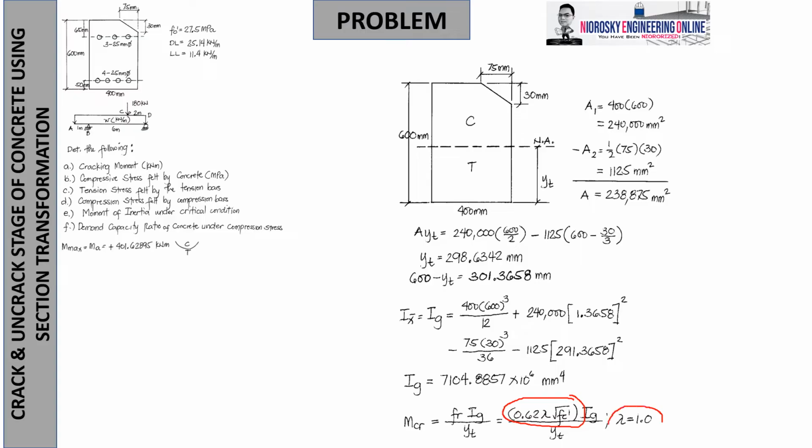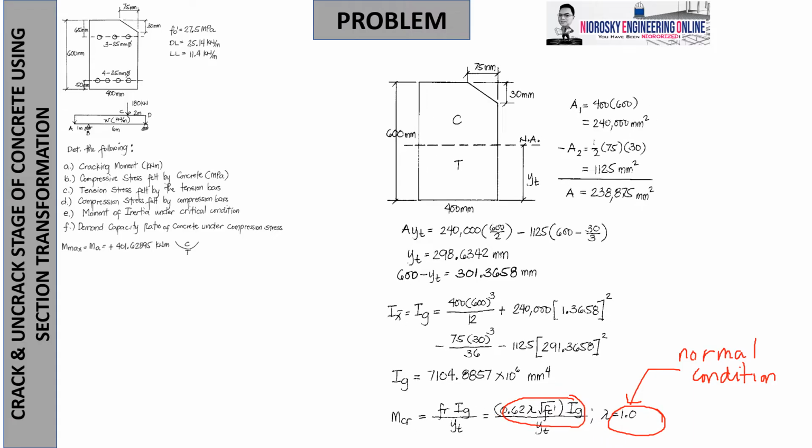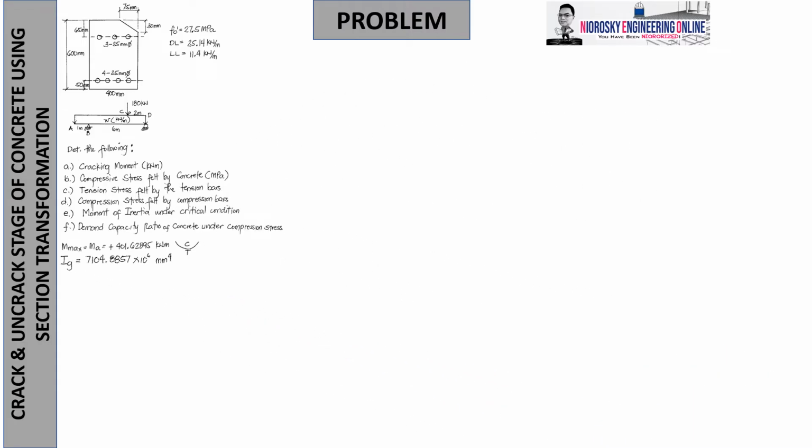Again, we will take lambda as 1.0. For what particular reason? As normal weight concrete is the default condition. Other than that, let us try to calculate the true value of lambda as per the discussion of the code. We are setting aside these values so that the idealization of the calculations is progressive.